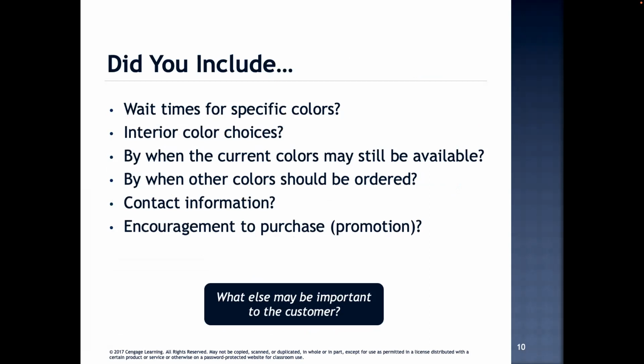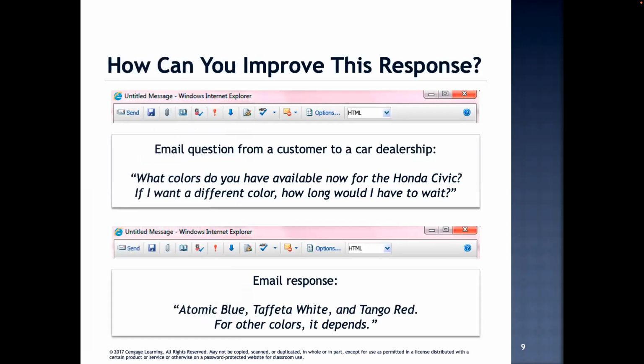They asked about colors, but they didn't really specify if they were talking about interior colors or exterior. So we could talk about interior color choices. Tell them when the current colors would still be available, by when other colors need to be ordered to get them. Maybe give out our contact information or encourage them to apply, or not apply, to purchase. All of those things could have been included in that, and it would have been a much better response than, you know, blue, white, and red.